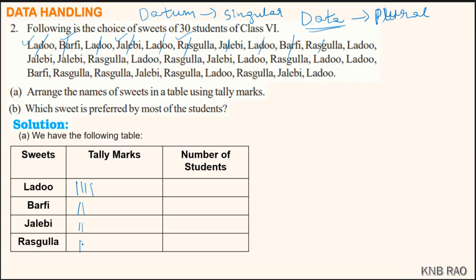Rasgulla, second one. Laddu, fifth one, and Jalebi, third one. Jalebi, fourth one. Rasgulla, third one. Laddu, sixth one. Rasgulla, fourth one. Jalebi, fifth one.